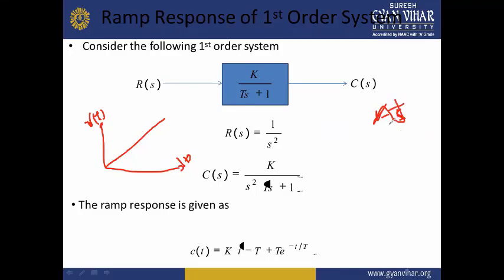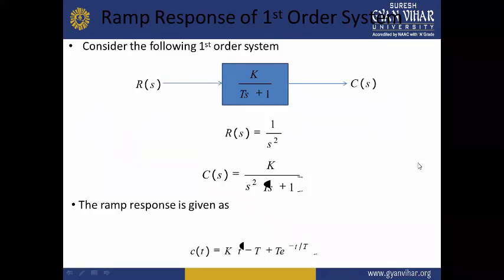When I take the Laplace transform of this, the Laplace transform of t is 1 by s squared. Therefore, your response for the ramp input will be K upon s squared into (Ts plus 1), and the response is given as c(t) equal to K(t minus T plus T into e to the power minus t by T).